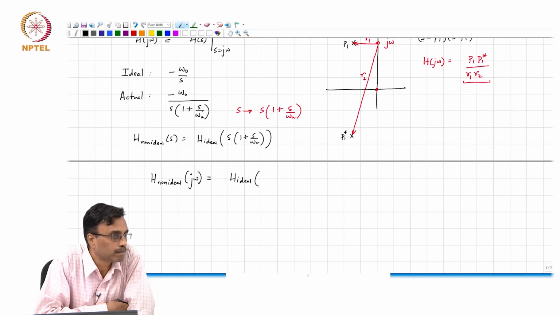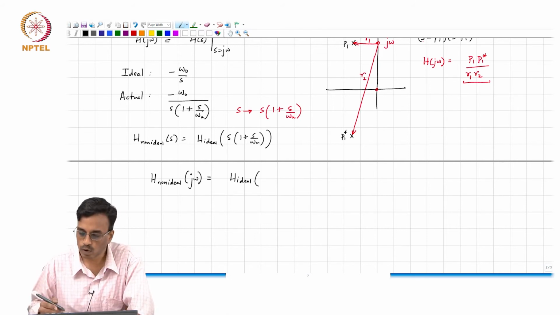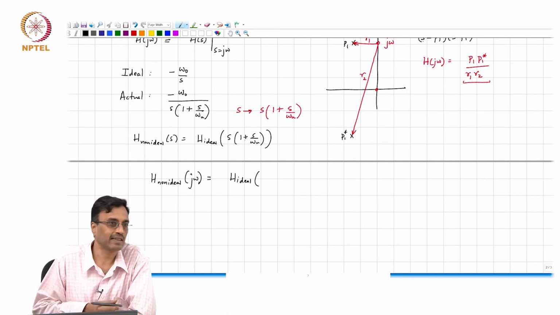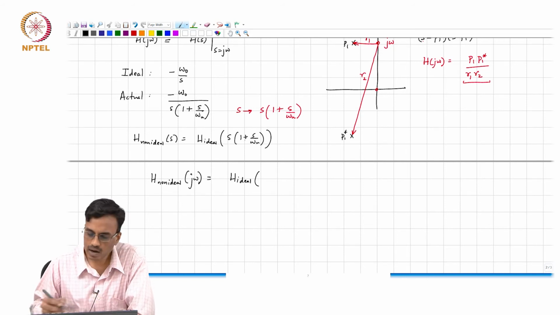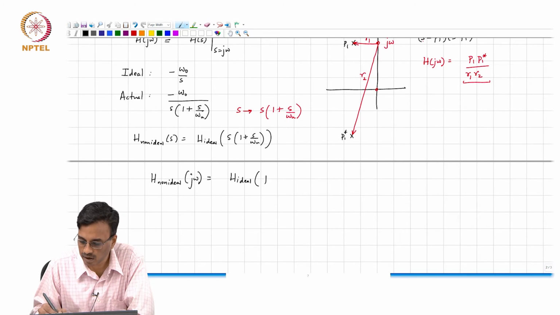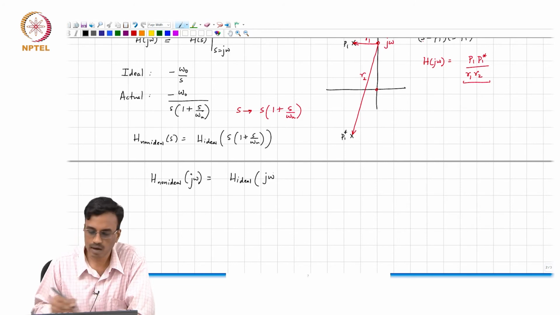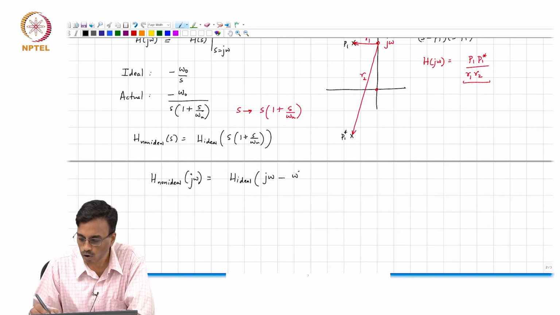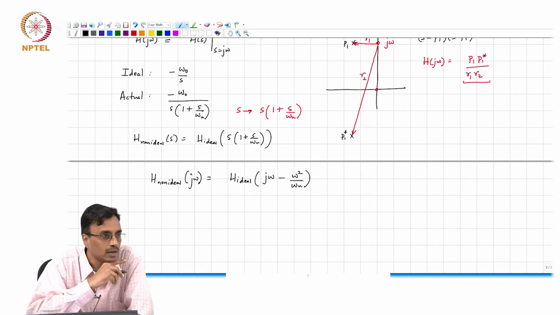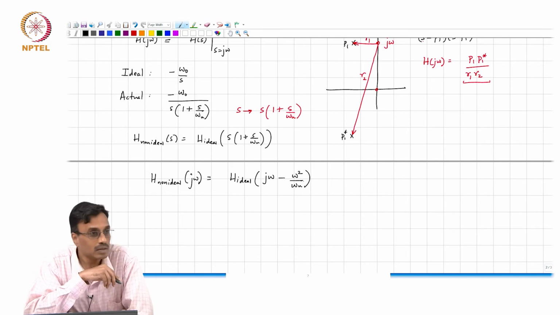Yes? Very good. It is basically simply replace S with j omega, and therefore H ideal of j omega minus omega square over omega u. Correct?